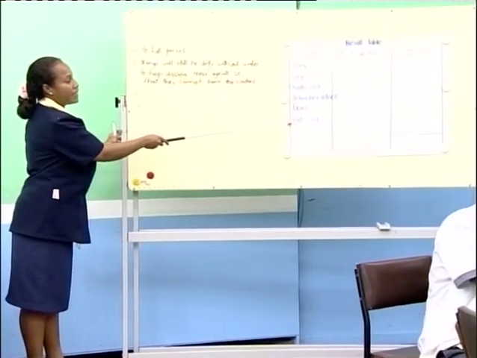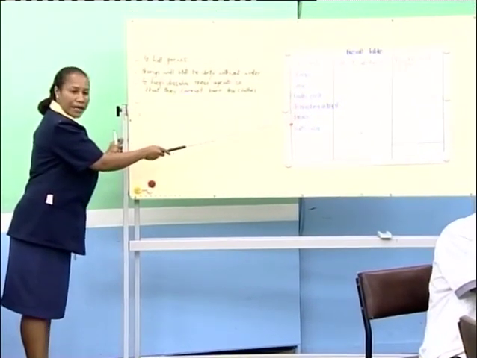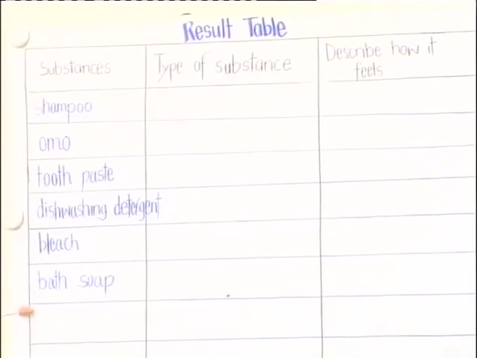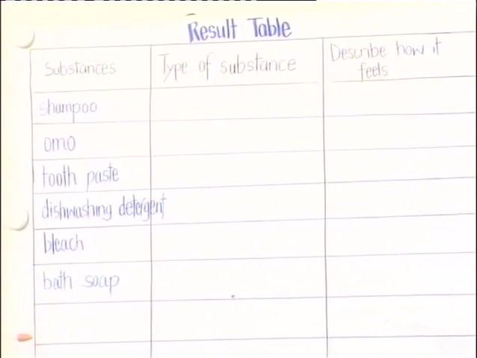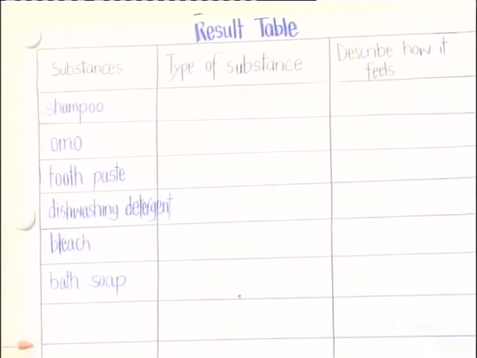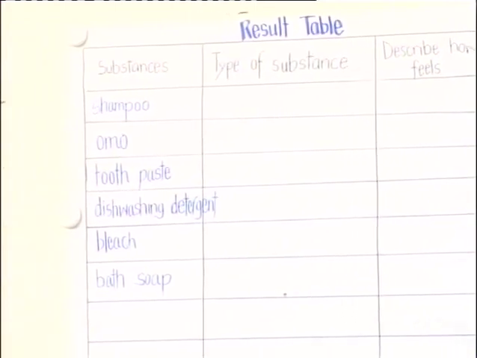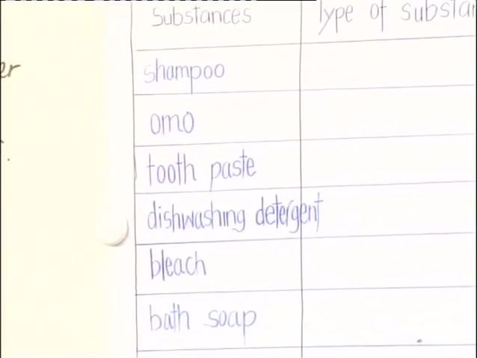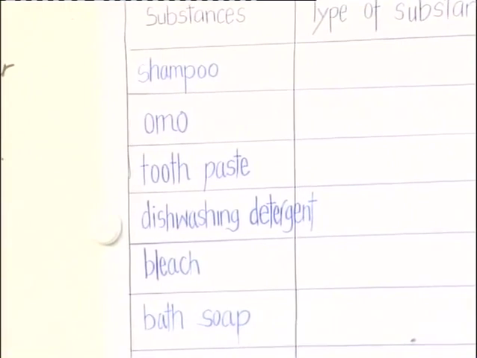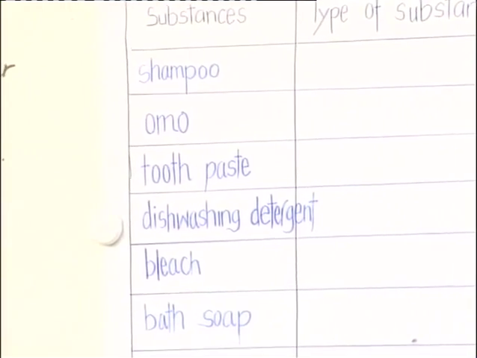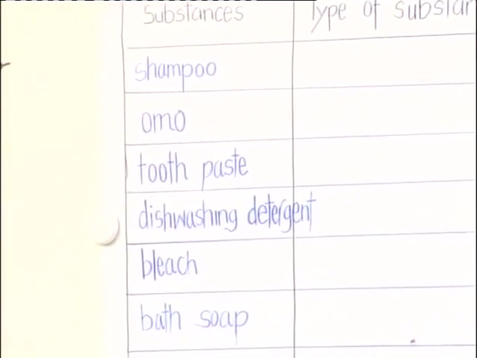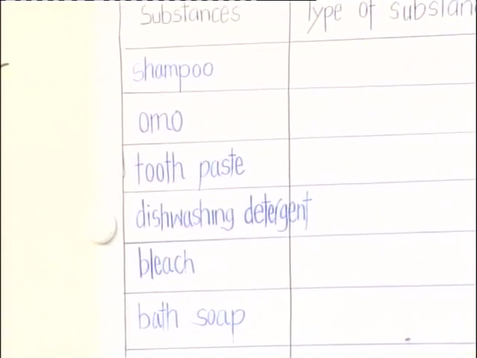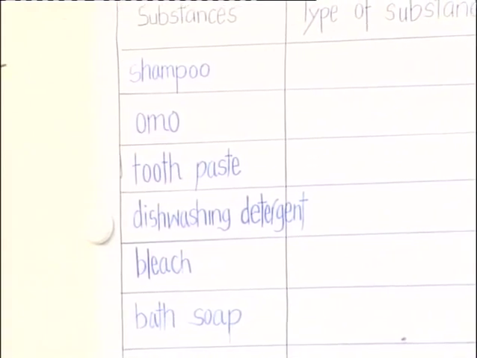But if you find that you have a substance that's not on my list, then you can write the name down. There are some spaces, or add another row to write the name of that substance down. We will start with the first one as an example, and you will move on to carrying out this simple activity to find out more on bases.